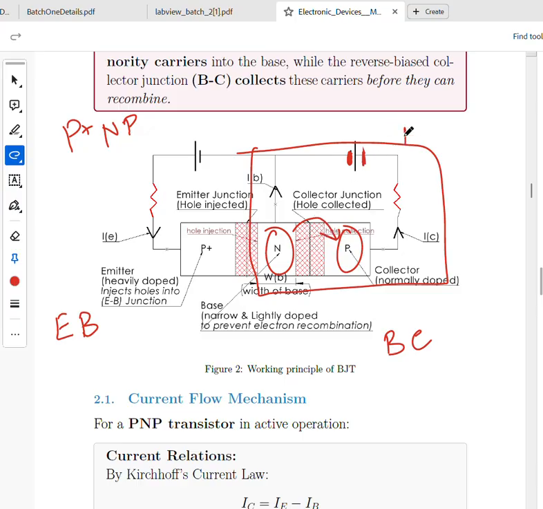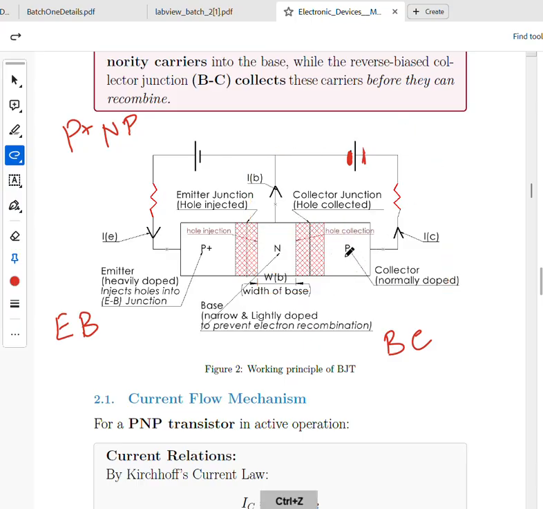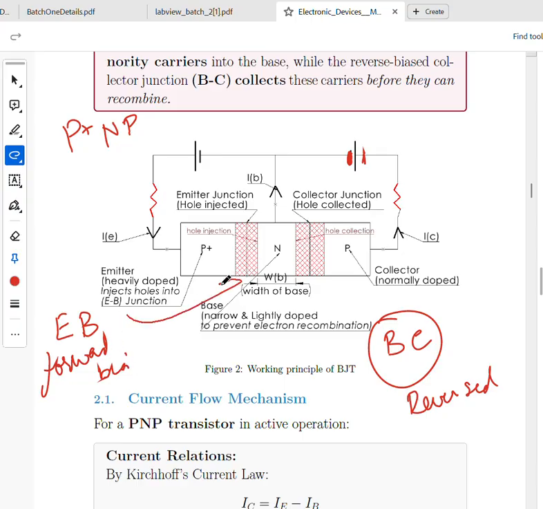So it has to be connected in a reverse bias configuration. Sweet. So this BC should be in reverse bias and this EB should be in forward bias. EB junction forward biased, BC junction would be in reverse biased configuration.